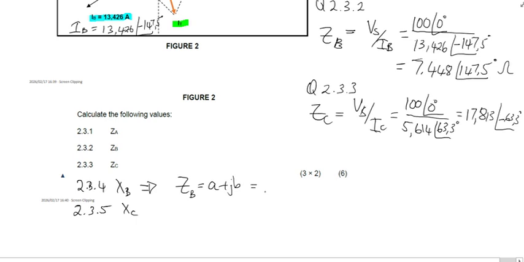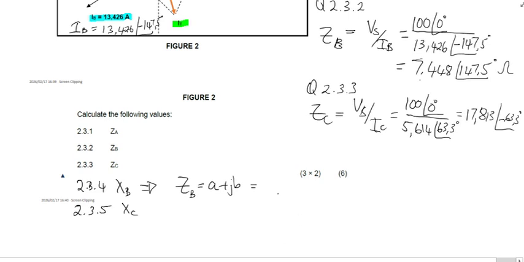So in our case, we need to convert it back to rectangular form. So let's quickly calculate it. We want the rectangular form for 7.448, which has an angle of 147.5.